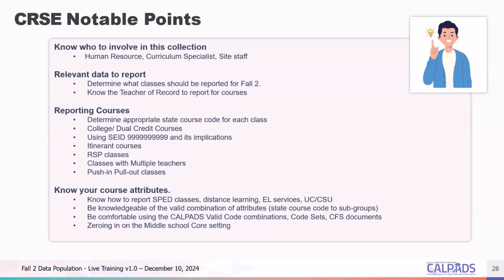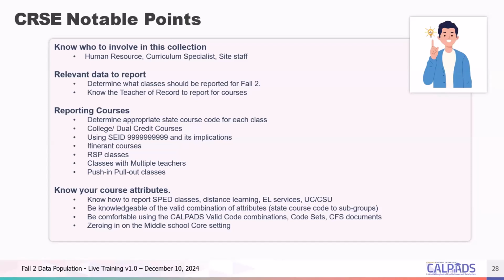You should report courses taught by push in or pull out teachers or resource teachers to those teachers if they are the teachers of record. You should report RSP teachers providing support instruction, again with state course code 9231, special education support resource specialist program. This indicates support instruction rather than co-teaching roles, again as was standard in past academic years.